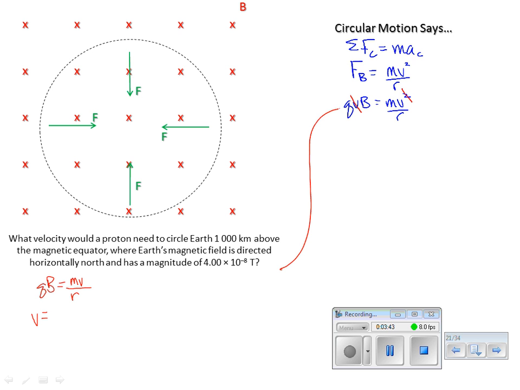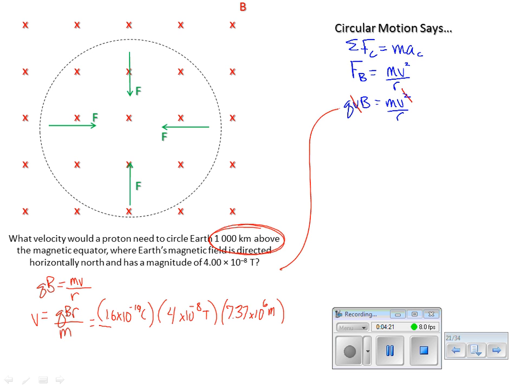So here, speed is qBr over m. And we know everything because it's a proton. We know the field strength. We know the radius. Now, this part here just means we have to add that 1,000 kilometers to the Earth's radius. So there's our total orbital radius.